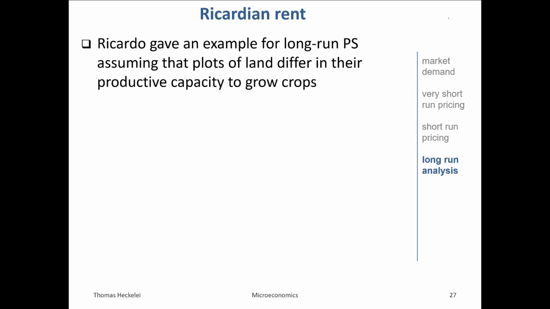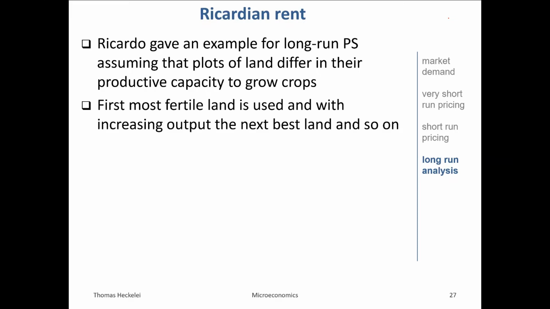Ricardo assumes that there are different blocks of land for agricultural production, and they differ in productivity, how good they are for growing crops. The most fertile land, the best land for growing crops, is used first. Of course, it will be employed first in production.